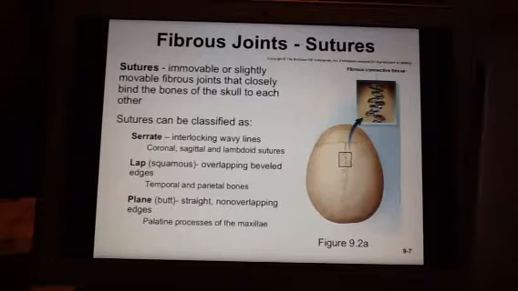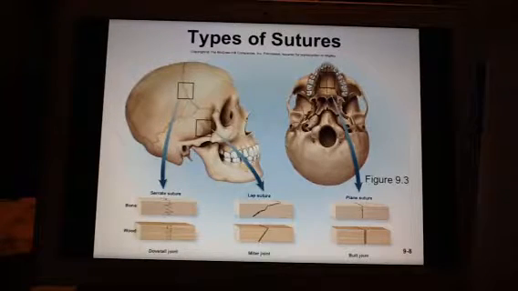And then they can be straight, non-overlapping edges, and that's called a plane suture. But they're all in the skull, in between the bones of the skull. So there's a picture of each type, and sutures are within the category of fibrous. So it is collagen fibers that are reaching across that boundary and connecting those bones together.